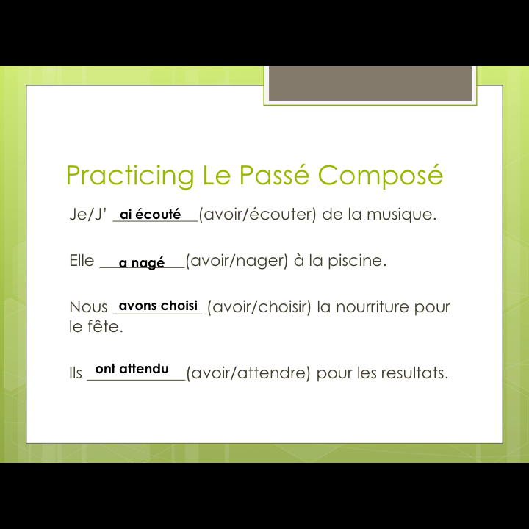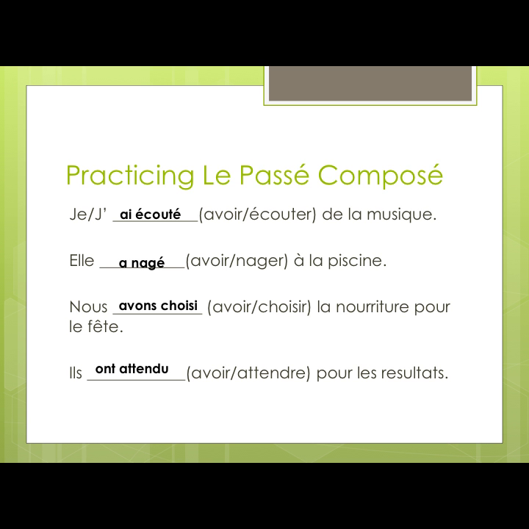So, let's do a little practice. For these ones, we're going to practice using avoir as your auxiliary verb. So, j'ai écouté de la musique. I listened to some music. Next, elle a nagé à la piscine. She swam at the pool.